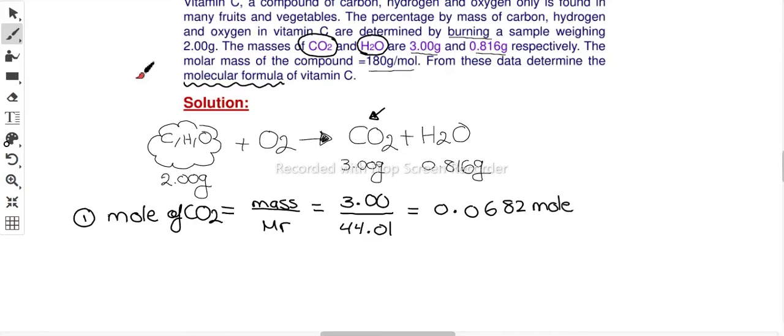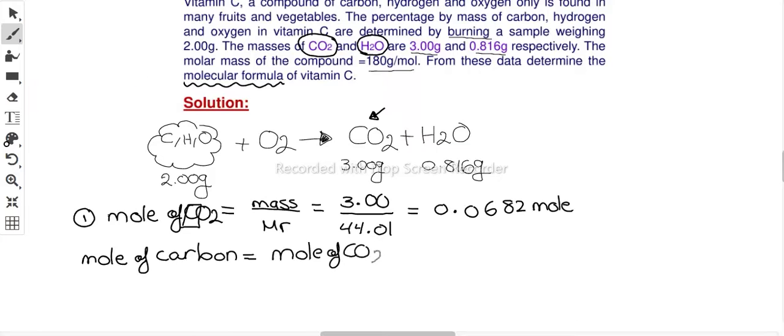Now, I'm going to focus on the carbon, which is presented inside the carbon dioxide. Since I have 1 carbon inside the formula, I can say that the mole of carbon will equal exactly the mole of CO2 that we previously calculated, which is 0.0682 mole.